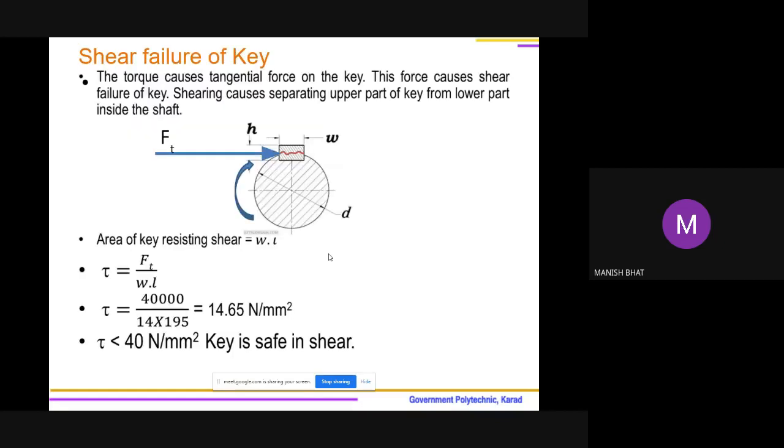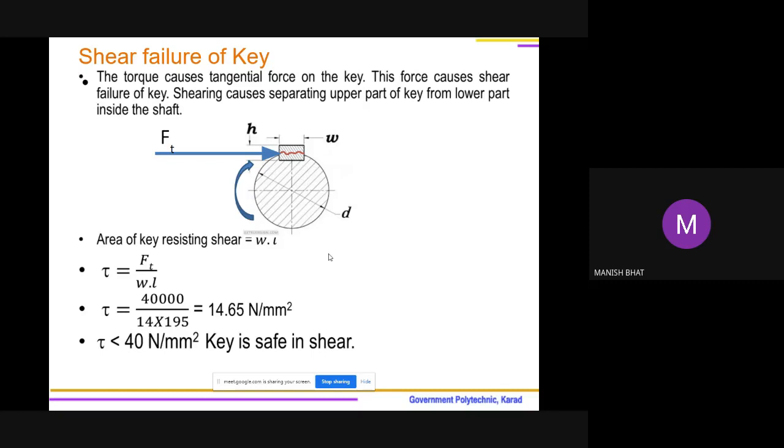So let us design the key for shear. We know that as the key is placed inside the slot of the shaft, its shear failure occurs. How can we justify? The key is held in position inside the shaft in a keyway, and the remaining portion of the key is inside the coupling.